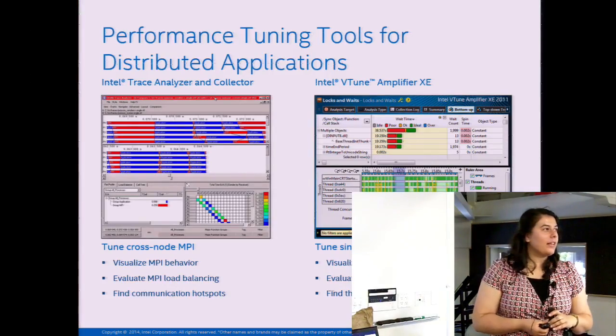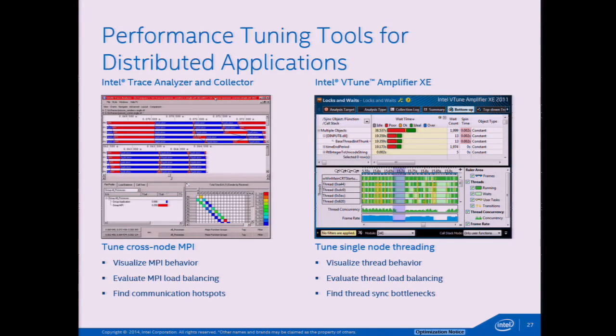Okay. So in that case, I'll move on to the tracing and profiling part. We have a tool called the Trace Analyzer and Collector. Back in the day, there was a company called Pallas in Germany, and they developed this tool called Vampir Trace.